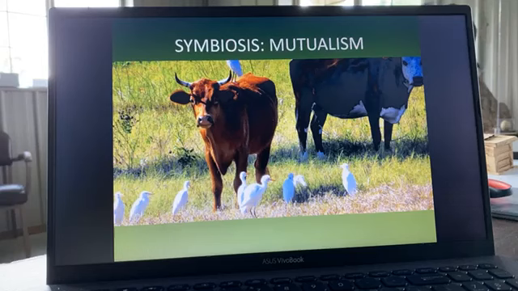Anyway, this is a tick bird, if you will, and the bird goes along and picks the ticks off the cattle, and the cattle don't mind that. That's good. So here both benefit. The cattle provide a platform and a feeding source for the egrets, and the egrets eat the bugs, which would cause problems for the cattle. So, mutualism.